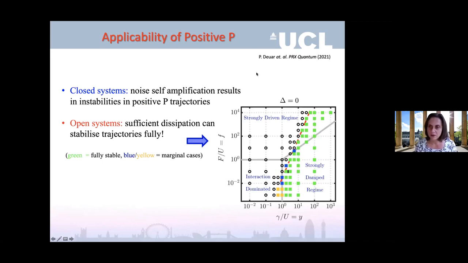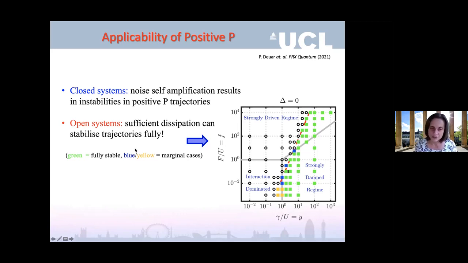With Piotr Deuar and my PhD student, we explored the whole range of the driven dissipative Bose-Hubbard phase diagram, looking at various levels of dissipation. This is the drive parameter in units of interactions, and this is the decay parameter in units of interactions.